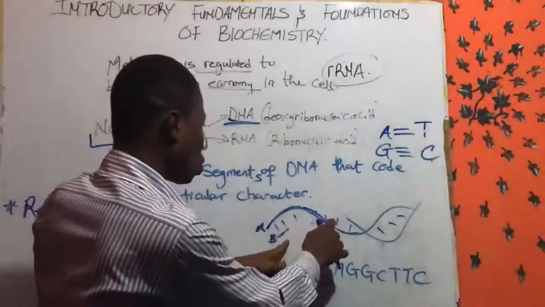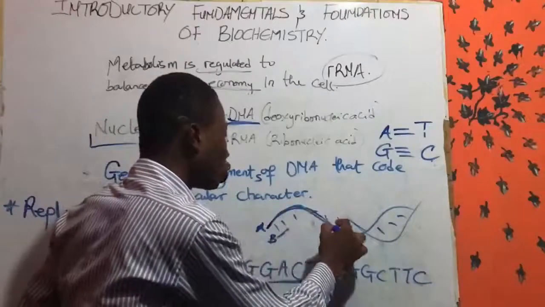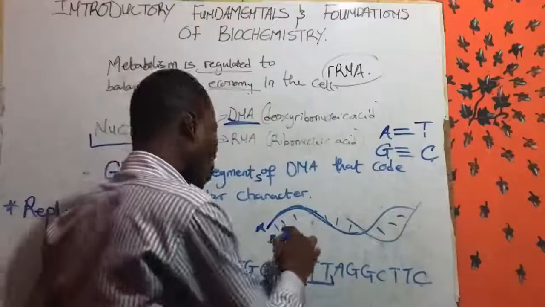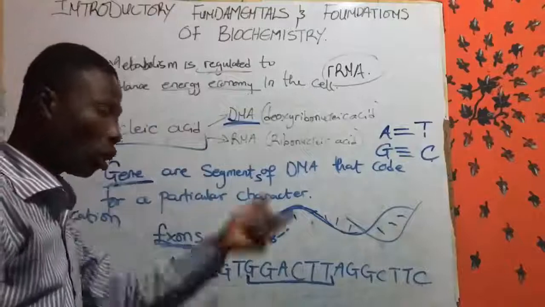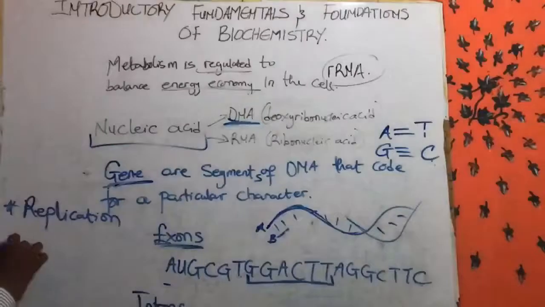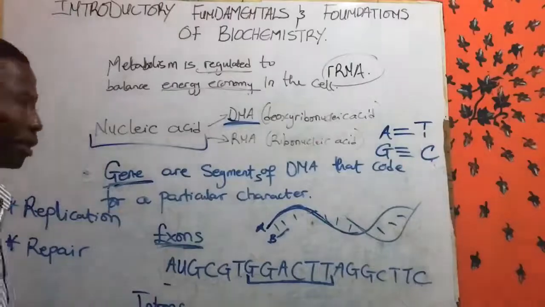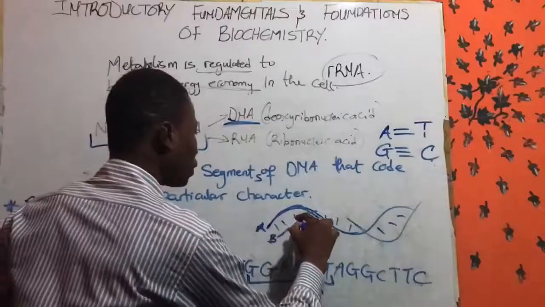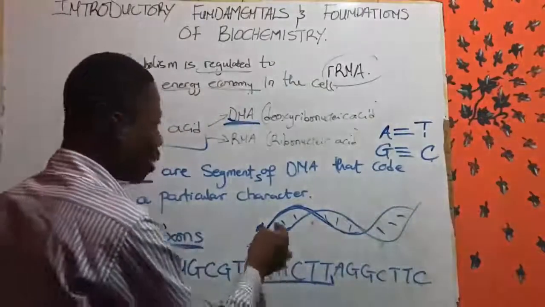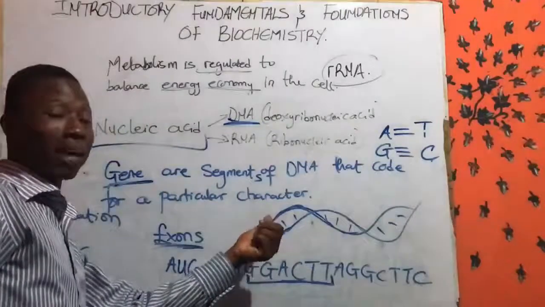For instance, if the information on my strand B is lost, I still have intact information on strand A. I can still reproduce the information on strand B by a process known as repair. There's a repair mechanism that will help me bring back the information here. But how will it know what to bring back? Based on the information on the adjacent complementary strand.